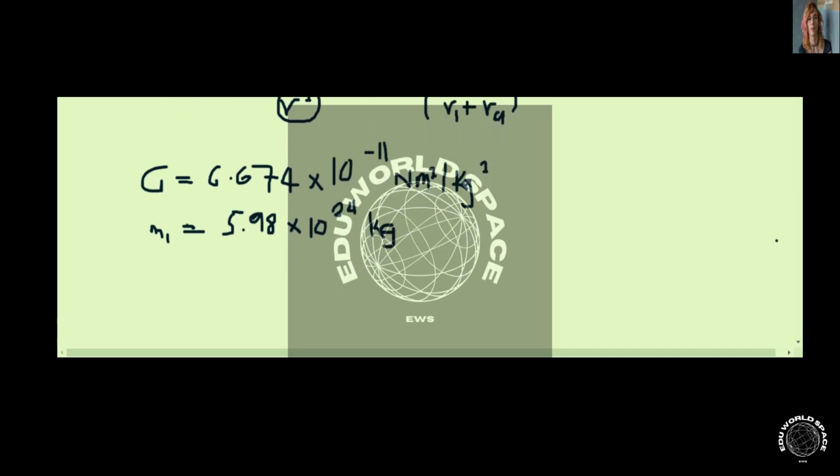Now, let's look at the distances between them. Initially we said our R1 is 600 kilometers. Remember, the kilometers must be changed to meters. Then we have our RA, the radius of the Earth, which is 6,371 kilometers.